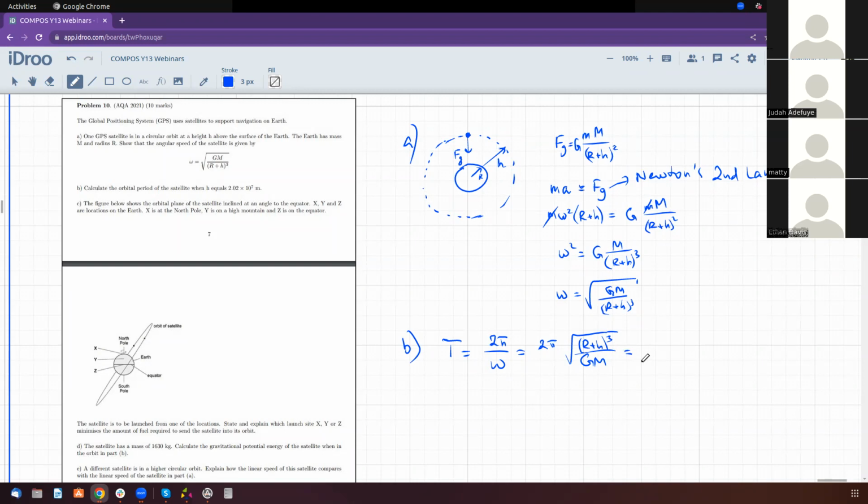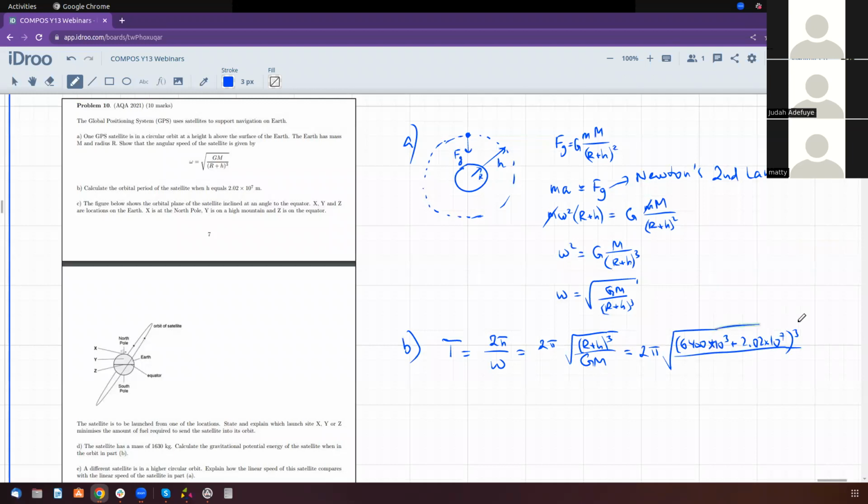Well, the radius of the Earth is 6,400 kilometers, so it's 2 pi multiplied by the square root of (6,400 times 10 to the 3 plus h, which is 2.02 times 10 to the 7) cubed, divided by GM, so 6.67 times 10 to the minus 11 times the mass of the Earth.